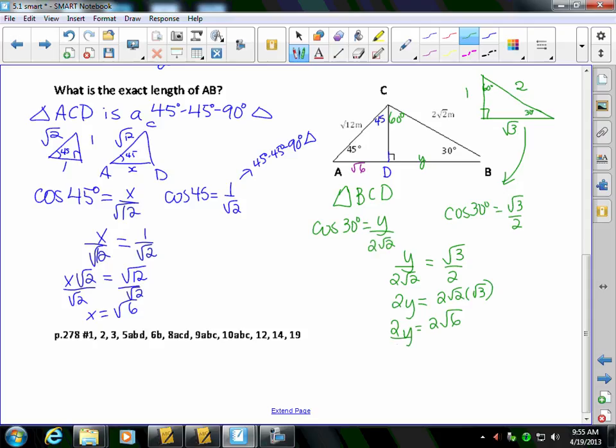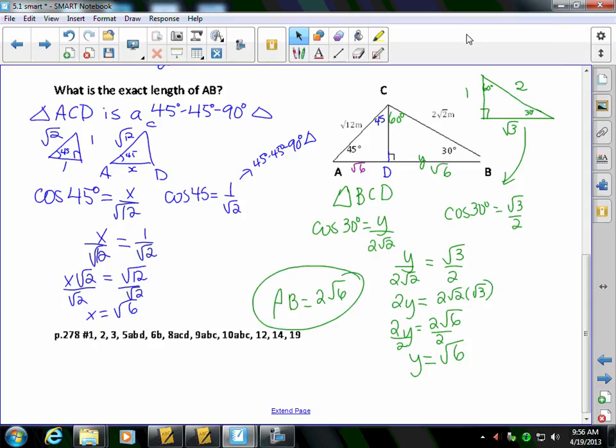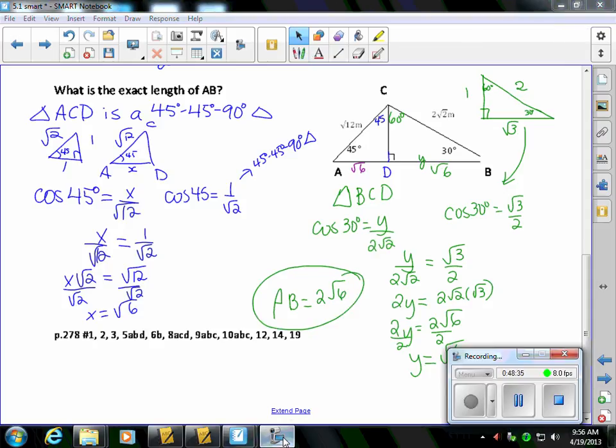And then divide by 2. So y is equal to square root 6. So all together then, if this is a square root 6, AB is equal to 2 square root 6. Questions? That's okay.